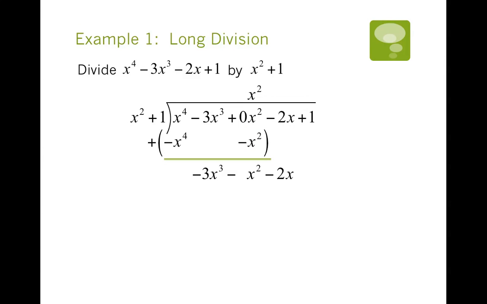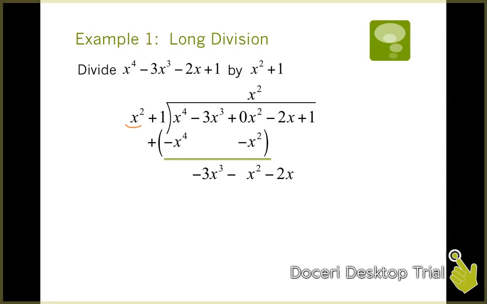So now I want to know, what can I multiply my x squared by to get me negative 3x cubed? Okay, so again, that initial decision of what to put up here just comes from leading terms.